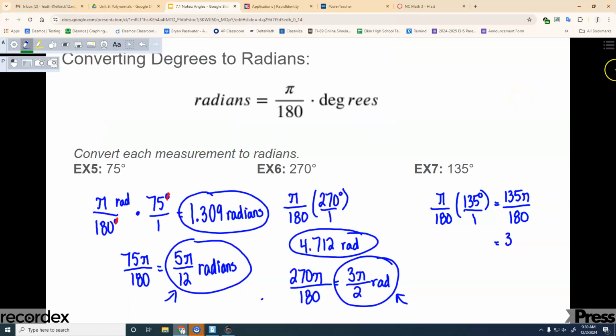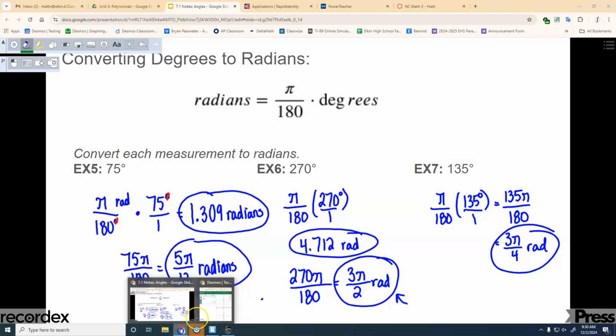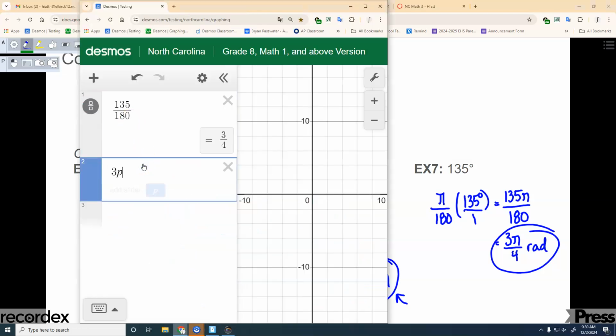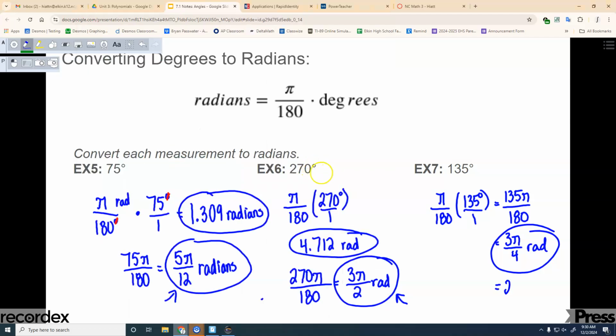So 3 pi over 4 radians. However, it is also equivalent to say 3 pi over 4 is 2.356. Both of those are okay. Okay, questions?